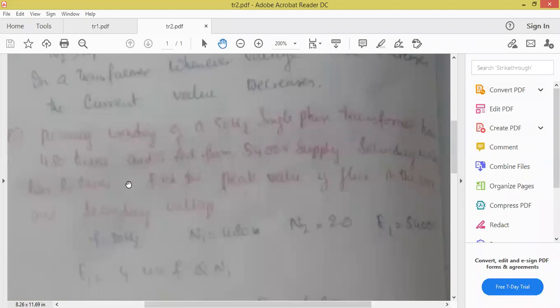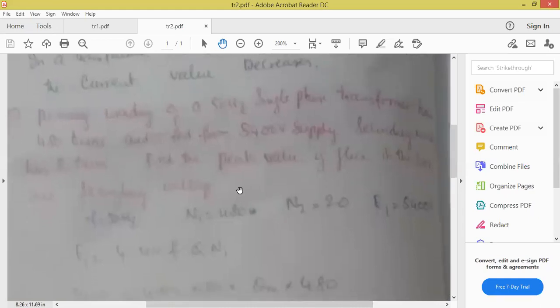Now how many turns does the secondary winding have? Secondary winding has 20 turns. Find the peak value, which means the magnetic flux, phi m. Find the peak value of flux in the core and the secondary voltage.